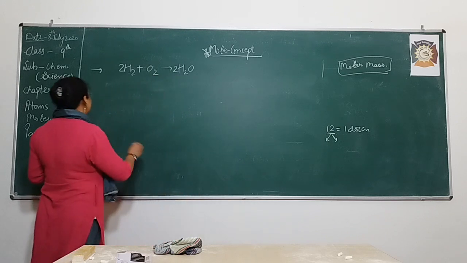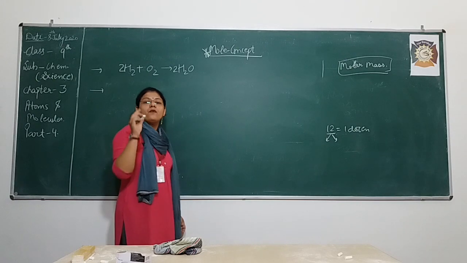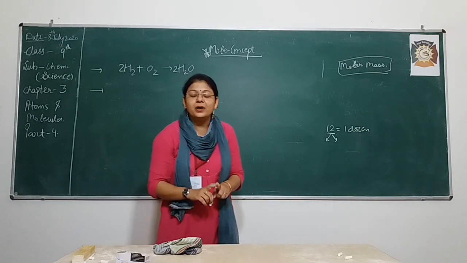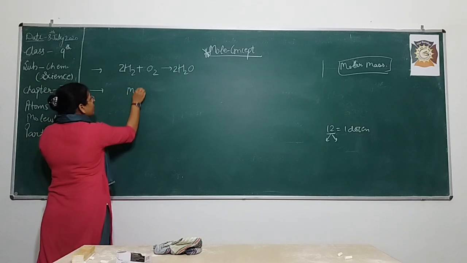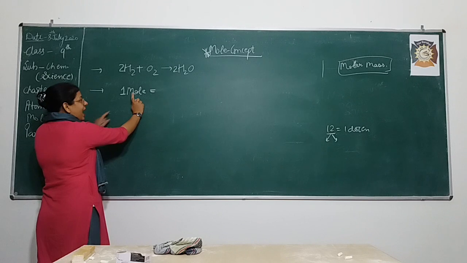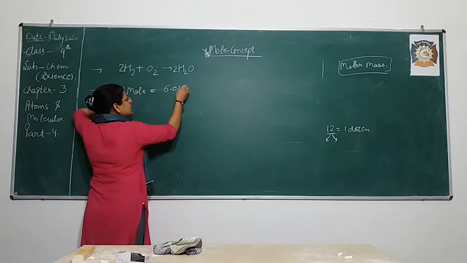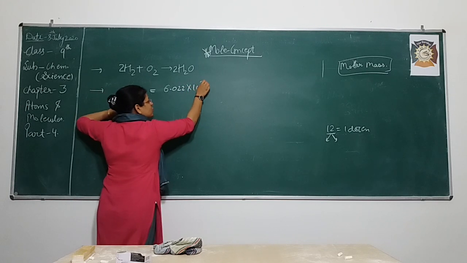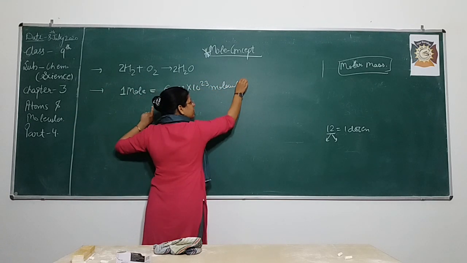So that's why we need such a quantity that will fix the number of particles present in a particular substance, and that unit is your mole. Like dozen, in chemistry it is mole, and 1 mole contains 6.022 into 10 raised to the power 23 molecules.